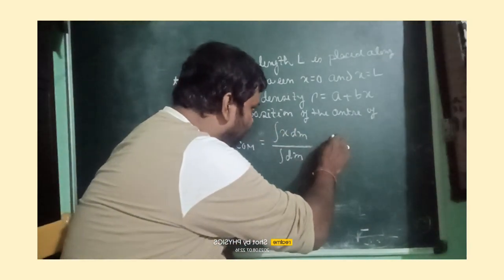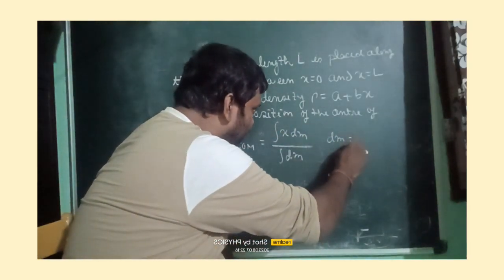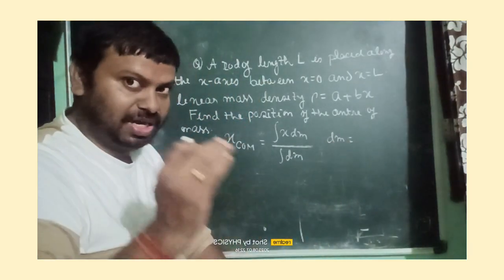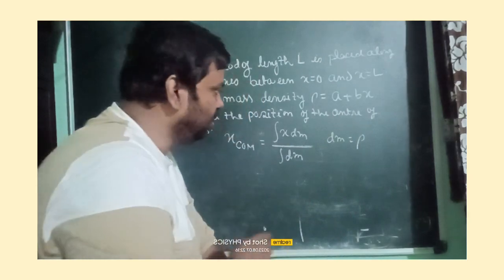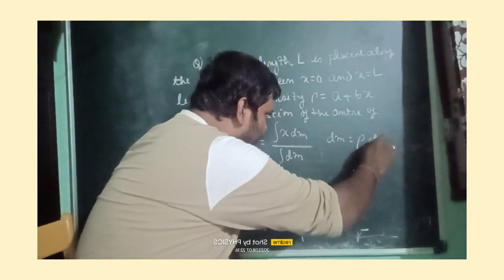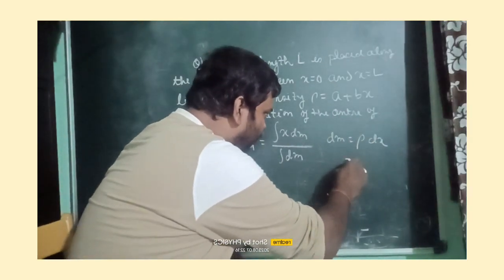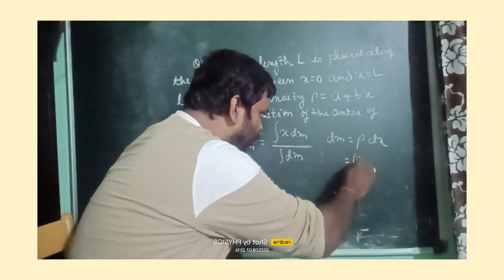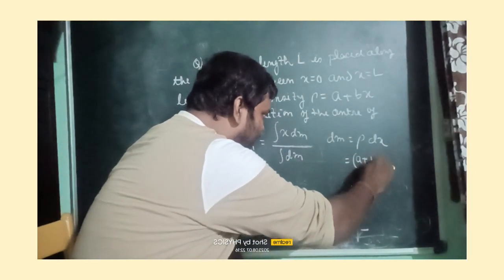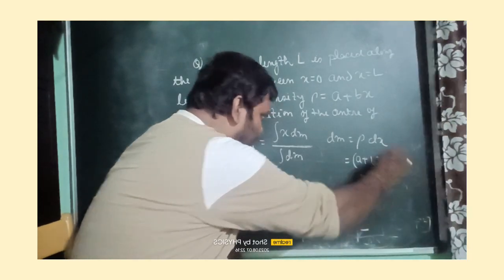So here we can write dm equals linear mass density, that is rho, into dx. Okay, now what is rho? Rho is A plus Bx, so dm is A plus Bx into dx.